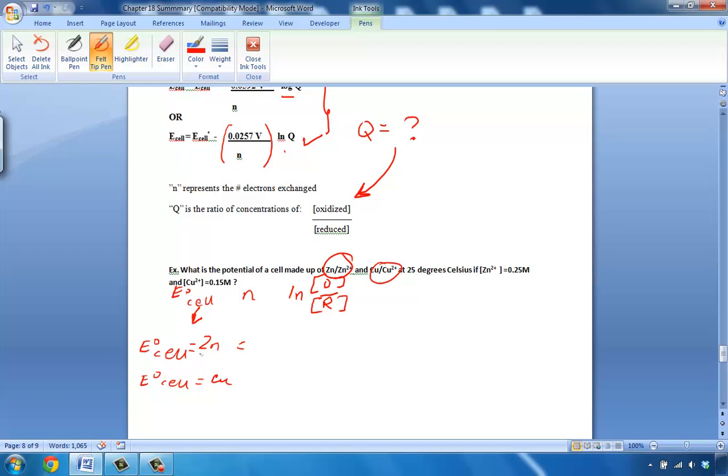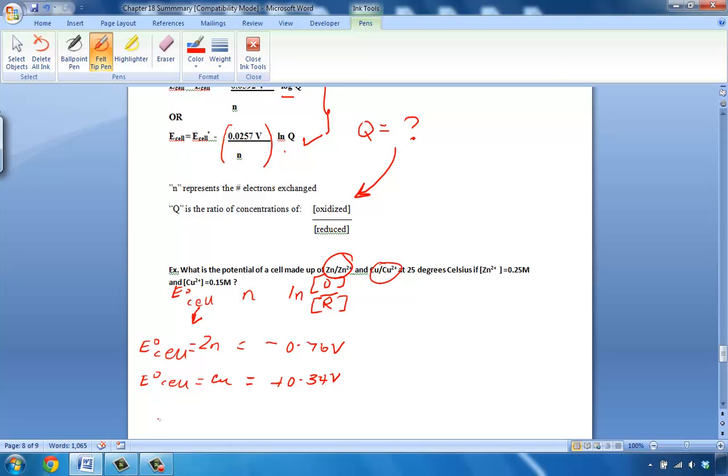So what is the E value, the reduction potential for zinc, according to a standard table that you can find in the appendices of a chemistry manual or text? This E naught for zinc is actually negative 0.76 volts, and for copper it is positive 0.34 volts.